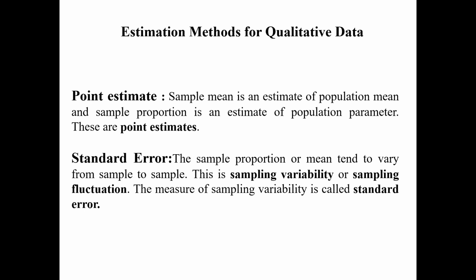Now, what is the standard error? If in the population I try to take different samples, please try to understand. I'm trying to get different samples, sample 1, 2, 3, 4 from different parts of the population. For each of these samples, I try to get a mean.